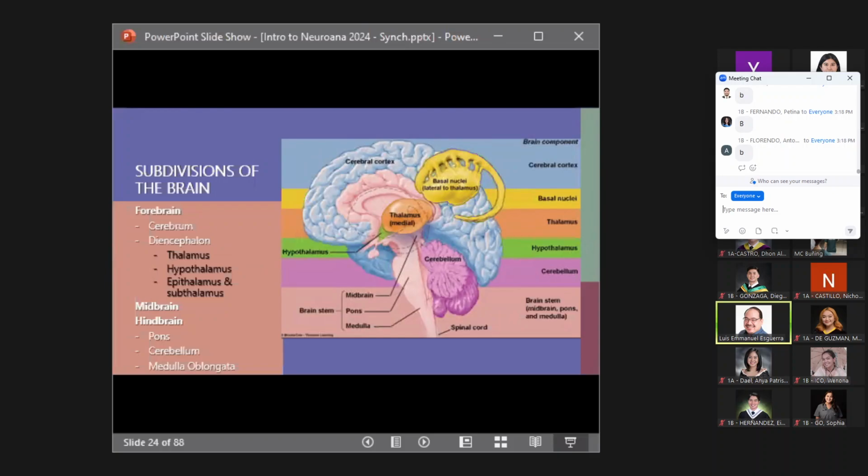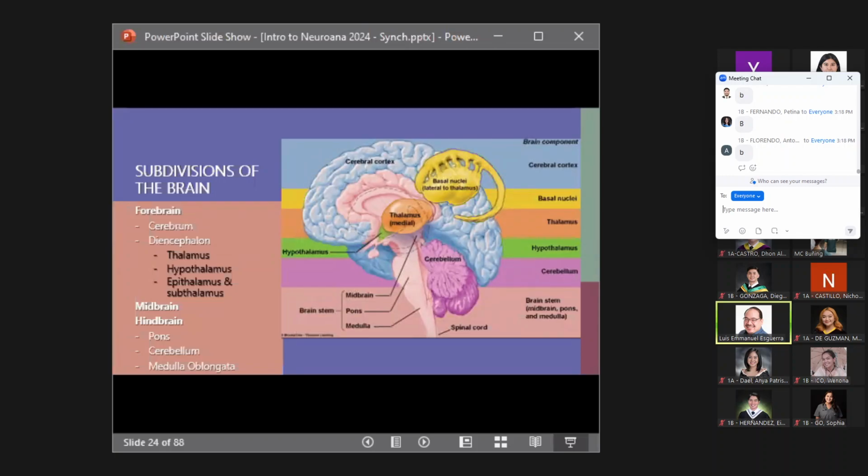The diencephalon is made up of the thalamus, hypothalamus, epithalamus, which is where the pineal body or pineal gland is, remember from endocrine, and the subthalamus, a small part of the diencephalon.